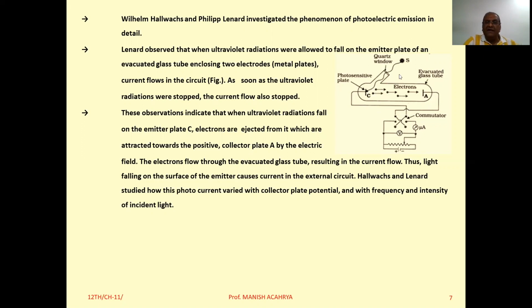Now they studied the characteristics of this photoelectric effect in detail with the help of this experimental arrangement: by changing the intensity as well as the frequency of the incident radiation, what happens to these emitted electrons, and by applying different potential differences across the emitter and collector plates, how the change in current takes place.